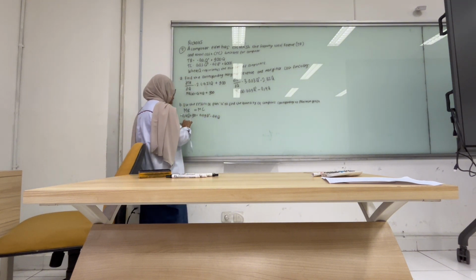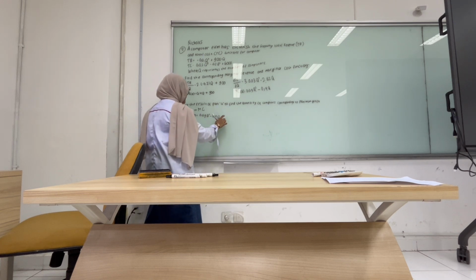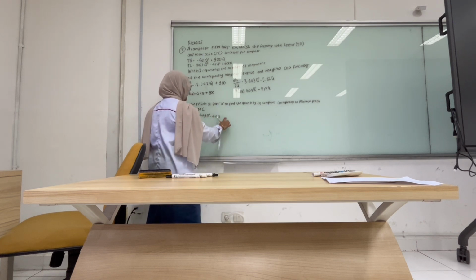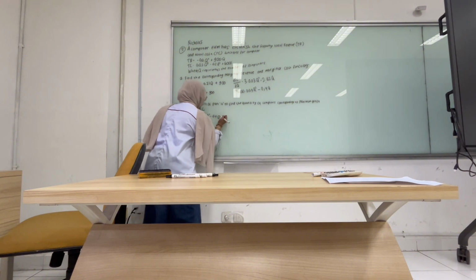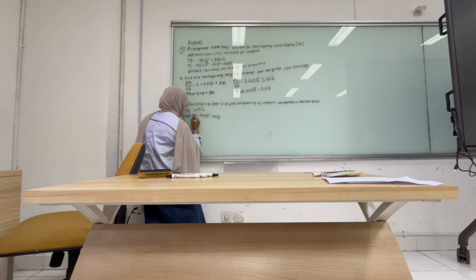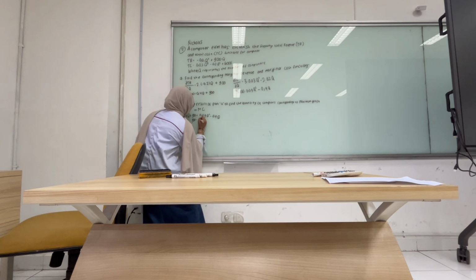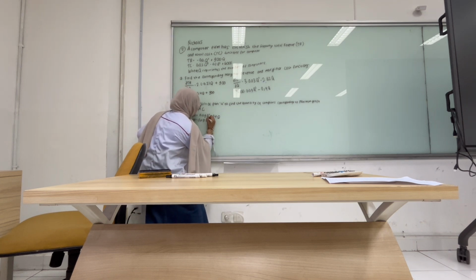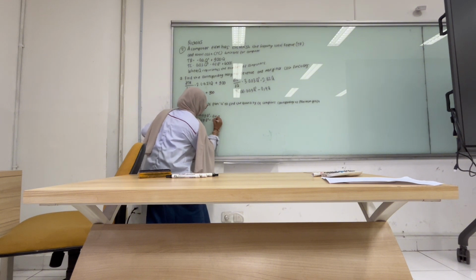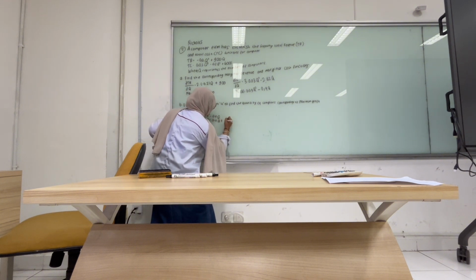So we need to move this minus 0.4Q to this side because they have the same variable. So it will be 900, because we move it in here, so it will be plus. 0.09Q squared minus 0.4Q plus 0.4Q.